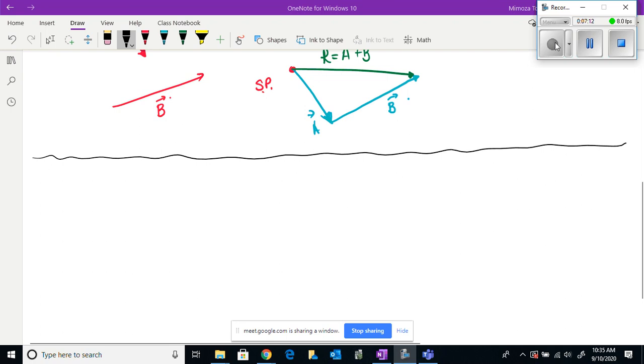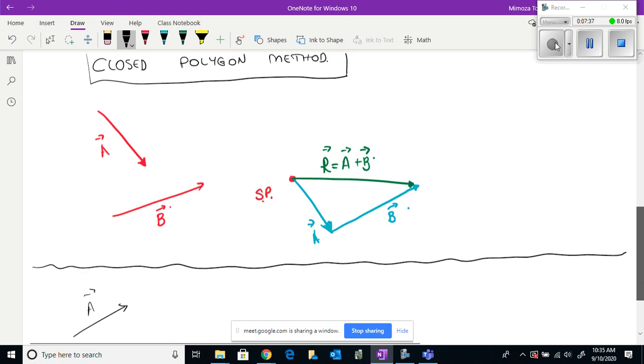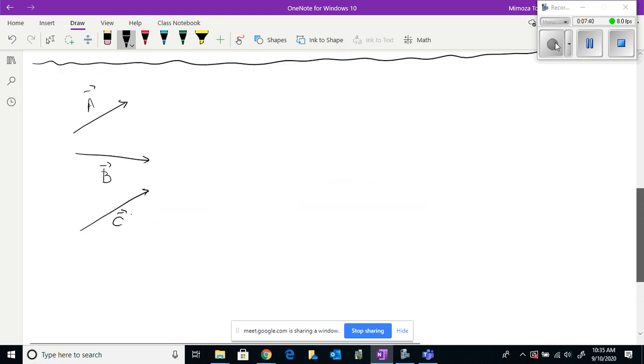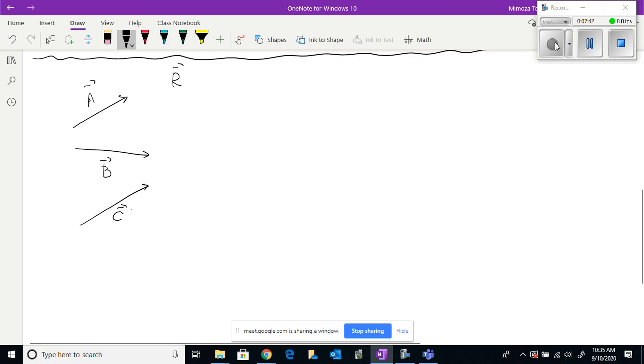Let's suppose that we have vector A, vector B, and vector C. When we are using the first method, the parallelogram method, what we are doing here is finding A plus B plus C. Simple.